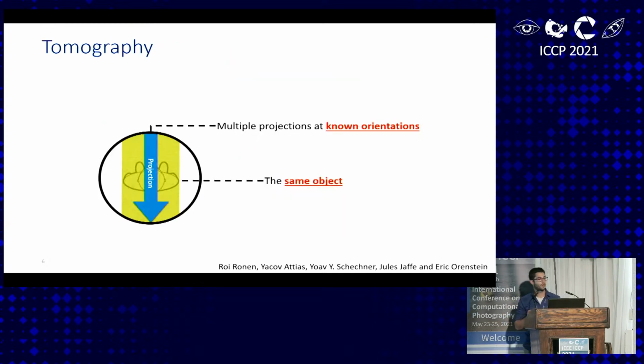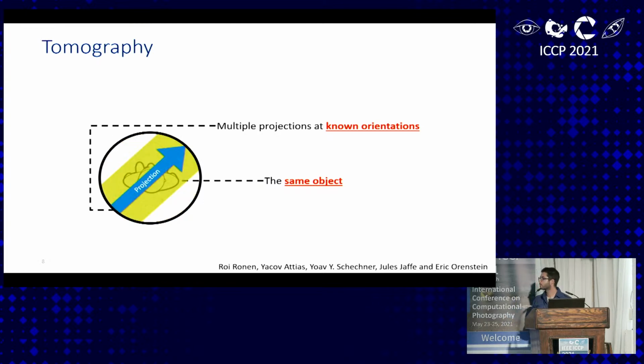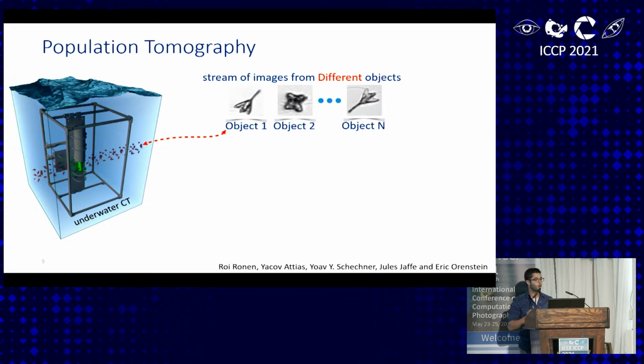Classic tomography is performed around a single fixed object. The 3D volumetric density of the object is recovered using multiple projections at known orientations. However, the problem of population tomography is more challenging. Consider an underwater imaging system. As plankton drifts through its field of view one at a time, a stream of images is acquired.